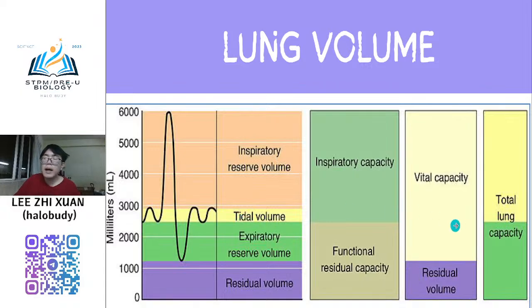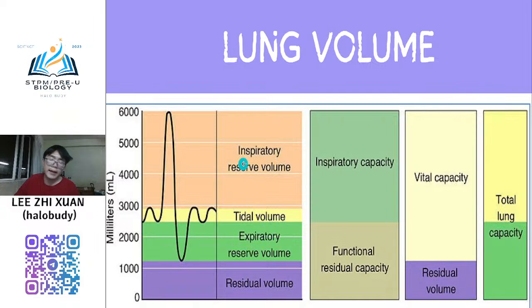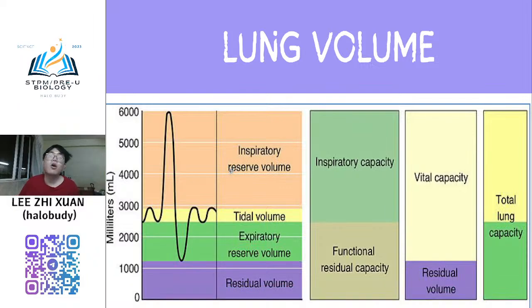Or given that TLC is like this and then you need to calculate like this. It's like a mathematics question, very easy je lah. So the first important is you need to know the definition, and then you need to know the position lah. So actually you know this diagram, then that's all for this.